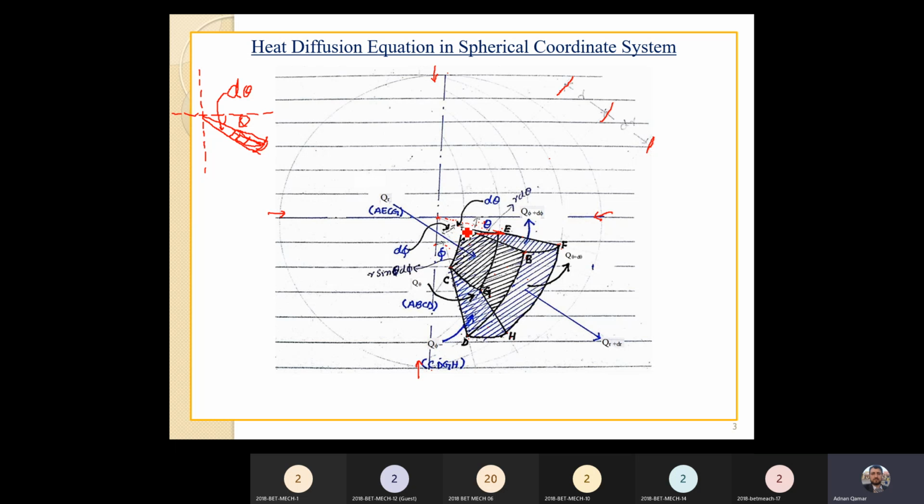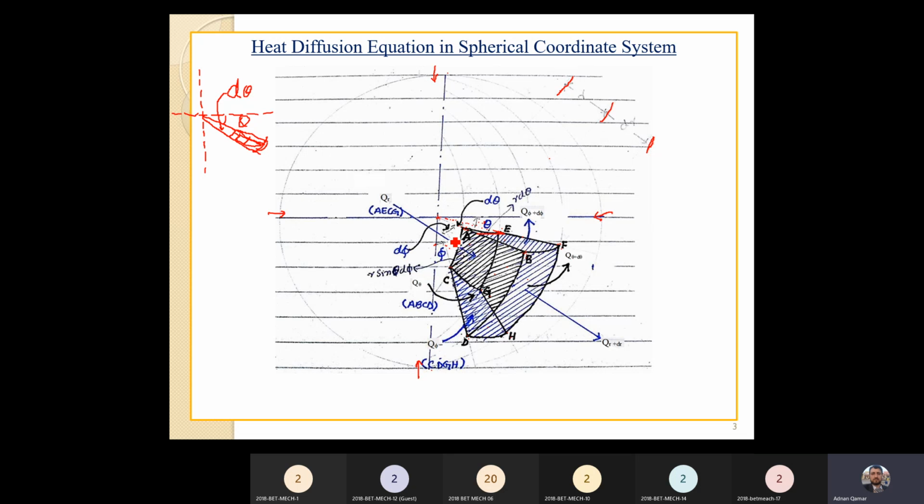If you see the line A and B, the angle of line A and B with this vertical line is also phi. And the thickness AC or BD is d phi.